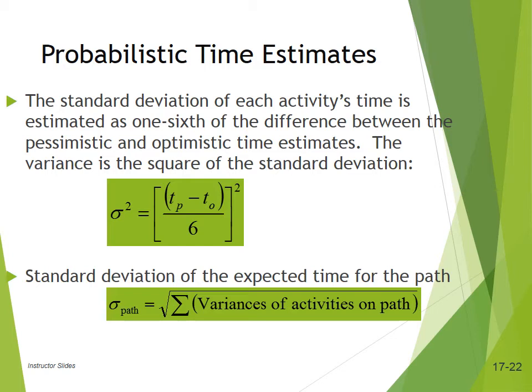So what we do in this case, we take two values, the pessimistic time and the optimistic time. We divide that by 6 and square it. That gives an estimation of the standard deviation. And if we add the standard deviation of all activities on the path, we will get the standard deviation of the path.